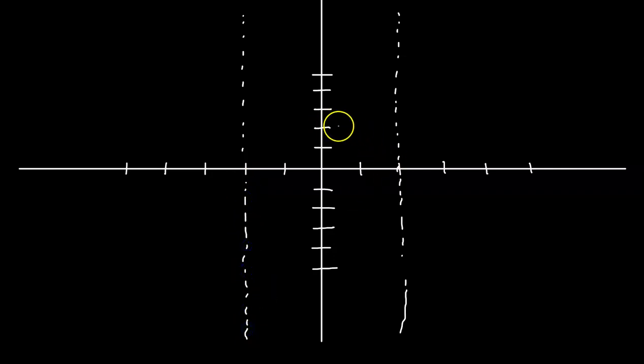So let's combine all this information into a sketch. So we know that we have vertical asymptotes at positive 2 and negative 2. And we have a horizontal asymptote at y equals 2.